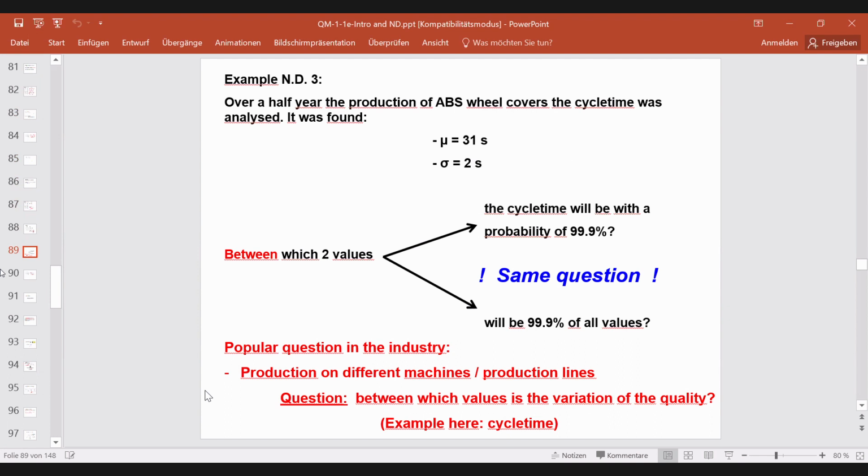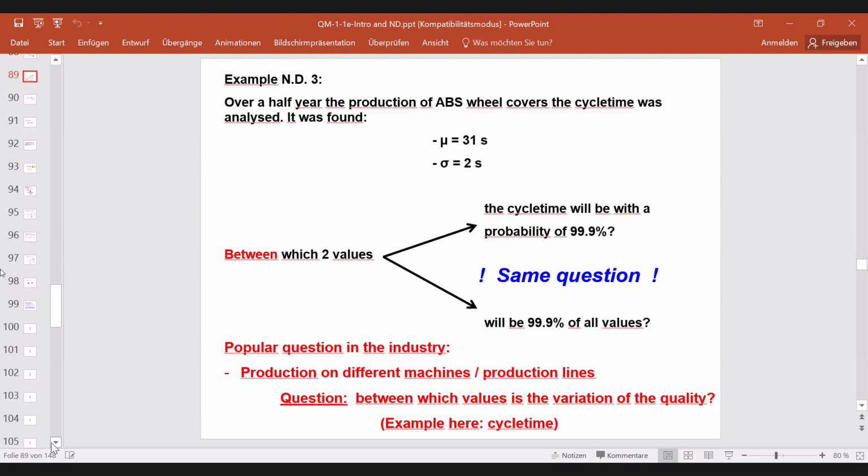So the question is between which values is the variation of the quality. In this case, here you have the question about the cycle. Again, the mu value is 31 seconds, and the sigma value is 2 seconds.